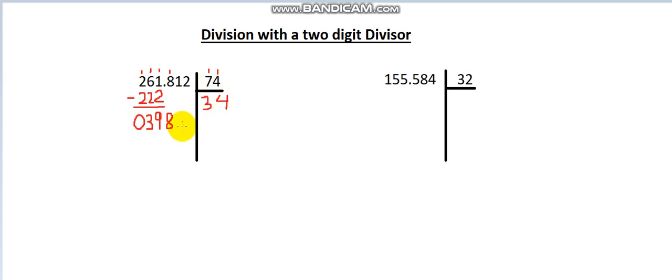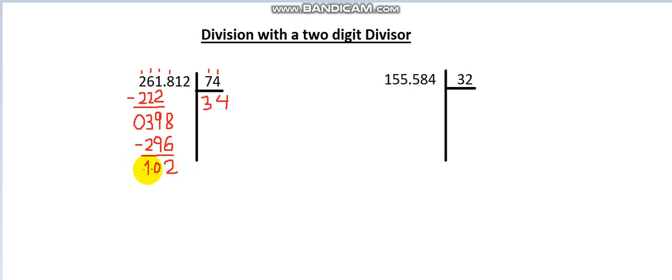4 times 74 makes 16, carry the 1, 4 times 7 is 28, plus 1 makes 29. Okay, so here we'll see a good example of what I said before. I do the subtraction. 8 take away 6 makes 2, 9 take away 9 makes 0, and 3 take away 2 makes 1.